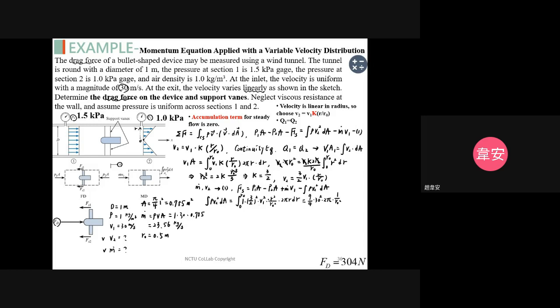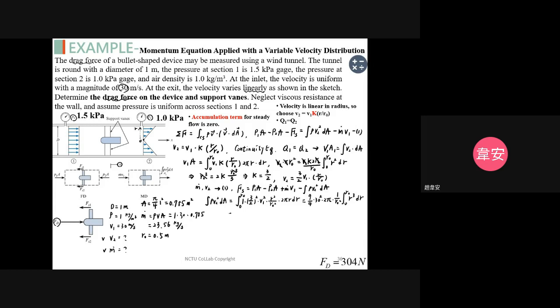Inside, the integration is from 0 to 0.5, but I still use R0 because we can easily summarize the equations. And then inside we have R cubed dr.